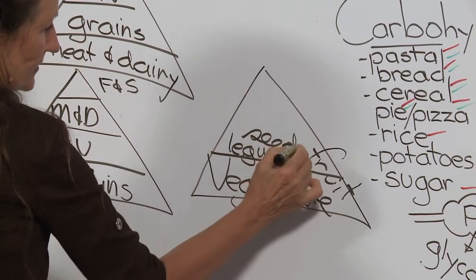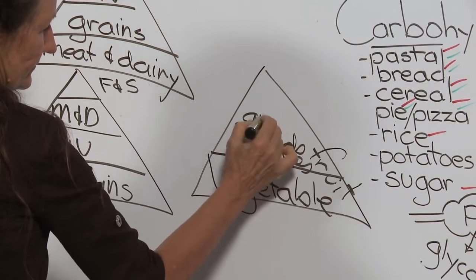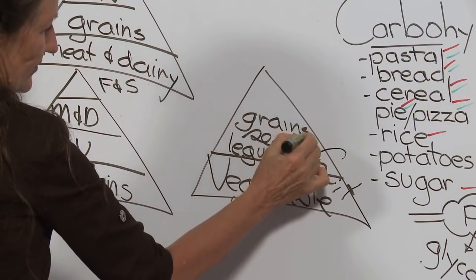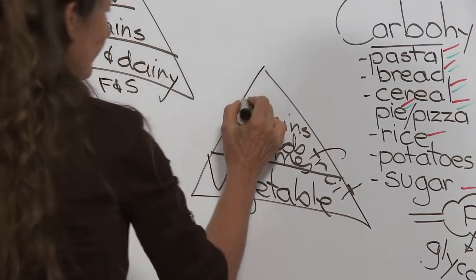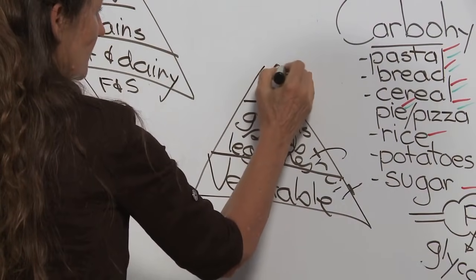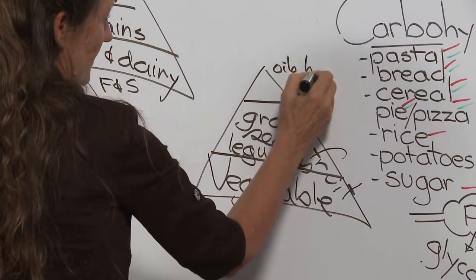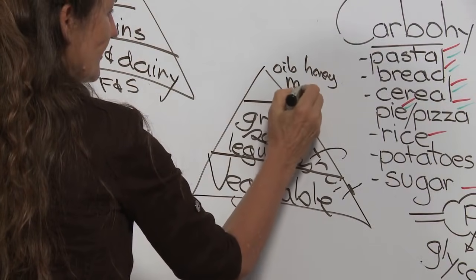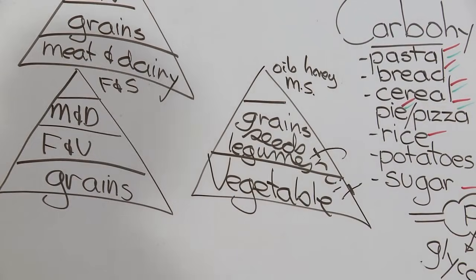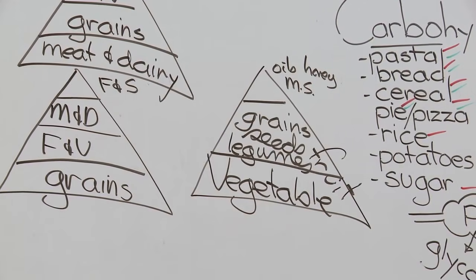They're good proteins. Grains. Remember, the grains are the negotiating part of the meal. And then up the top, we've got the fats and the sugars. So we'll say oils, honey, all very concentrated foods. Maple syrup. My rung has 3. Because I believe that the vegetarian food and the vegetarian protein is a far superior one.